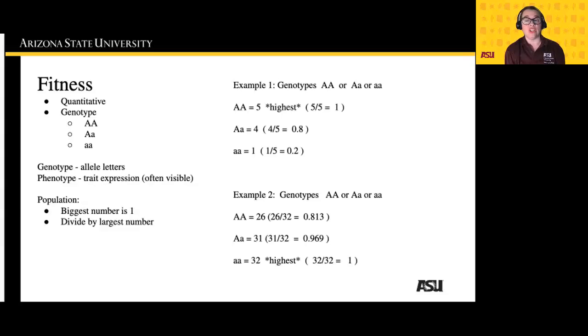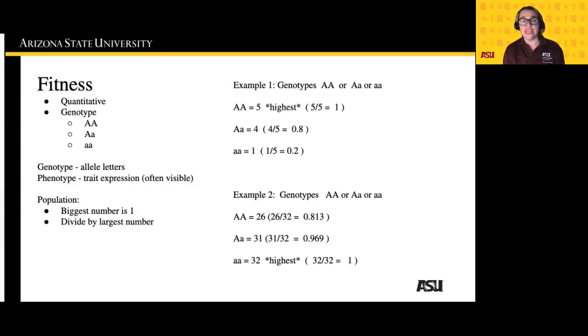The number of individuals with big A, little a is 4, and the number of little a, little a is 1. In example 1, we would take the number of individuals with one genotype and divide by the number of the most prevalent genotype. In this case, 5 is the most prevalent, or the highest set of individuals with a specific genotype.